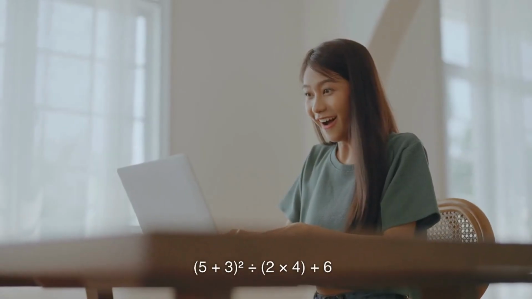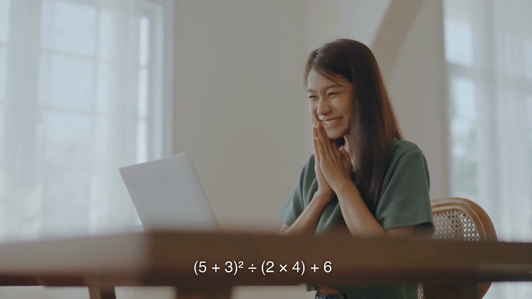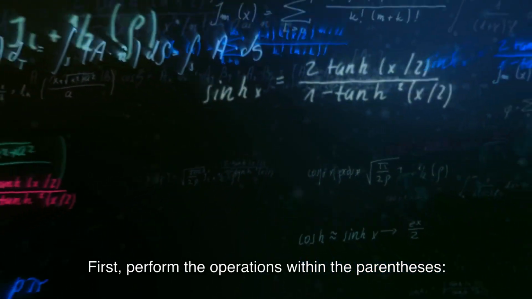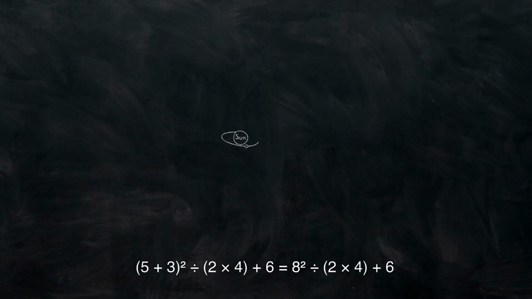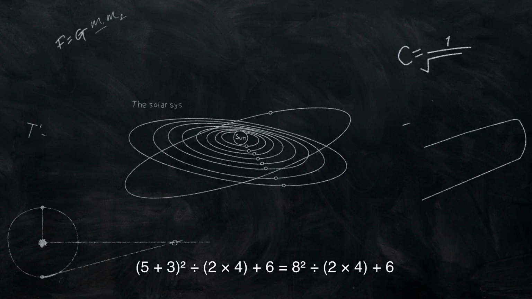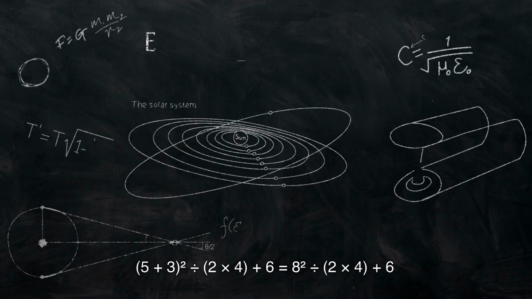(5 + 3)^2 ÷ 2 × 4 + 6. First, perform the operations within the parentheses. (5 + 3)^2 ÷ 2 × 4 + 6 equals 8^2 ÷ 2 × 4 + 6.